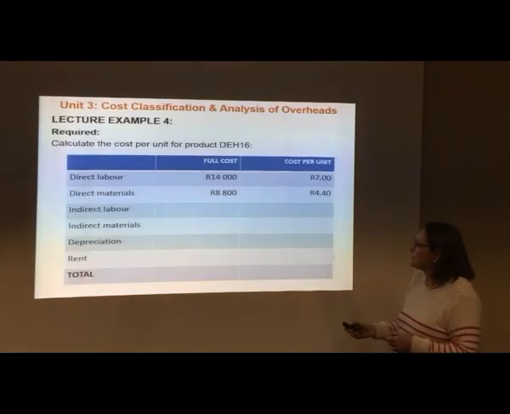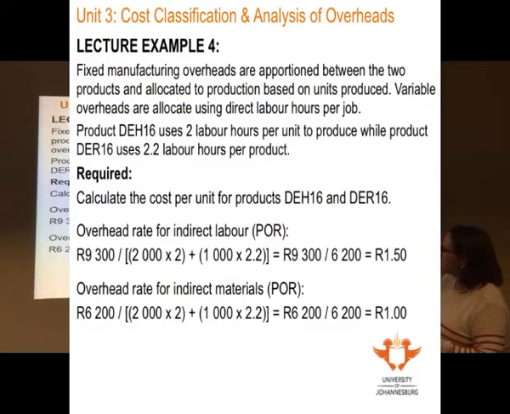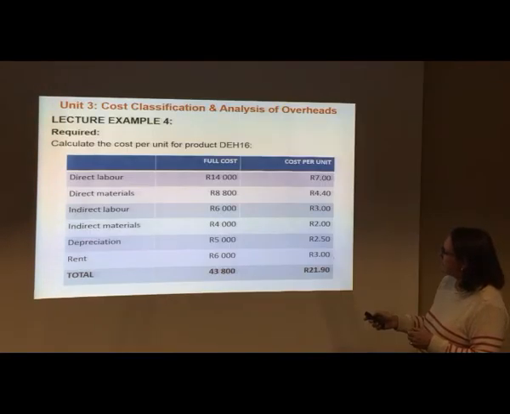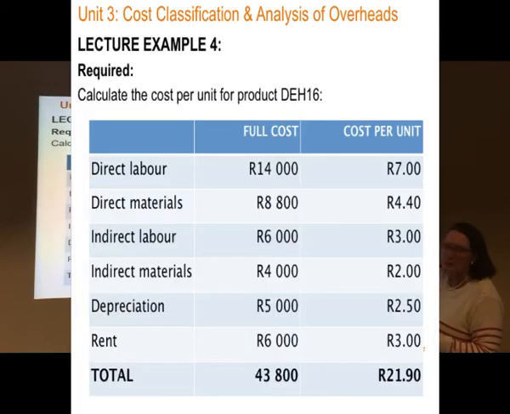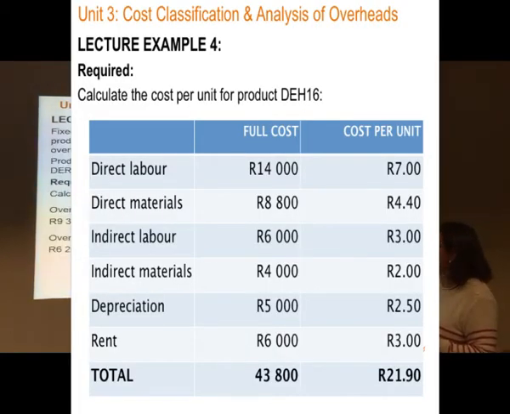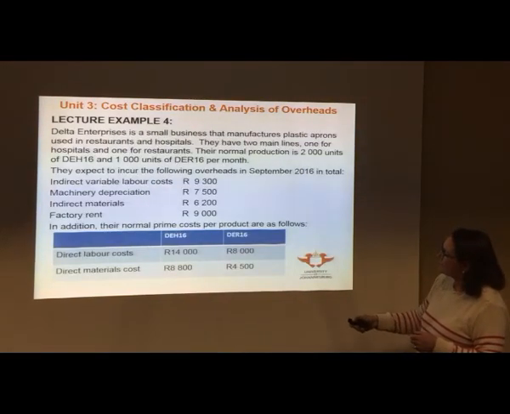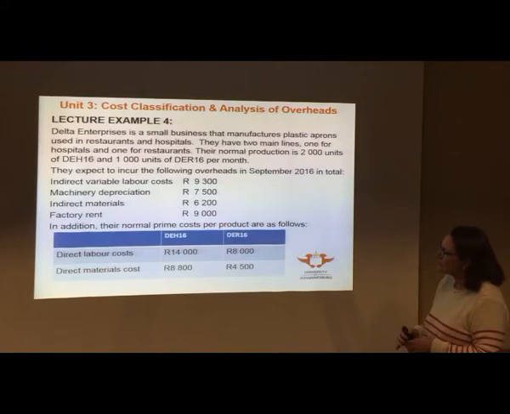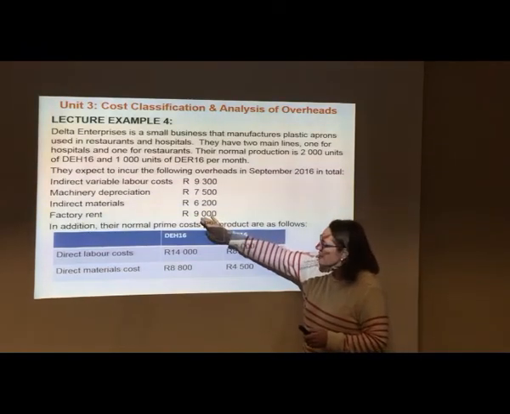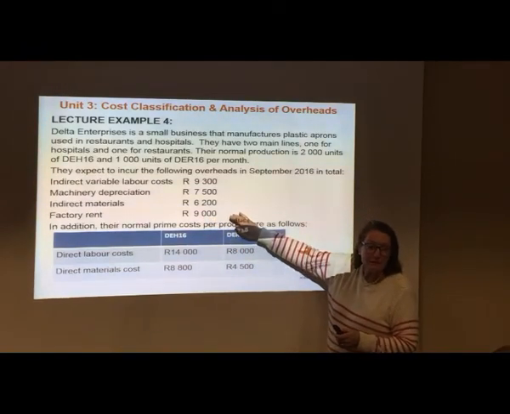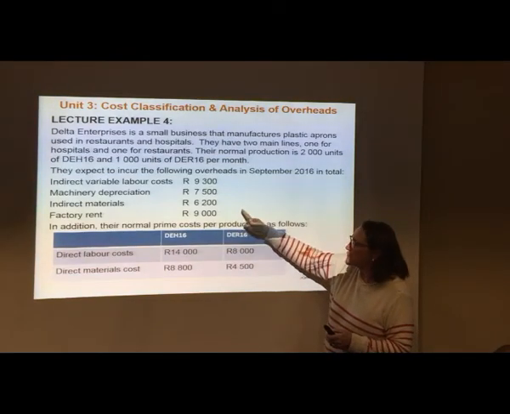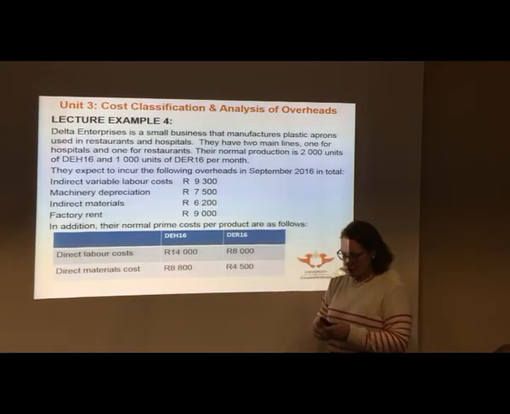Okay? So you're going to put your cost in there. There's your depreciation of 2.50 Rand. Okay? And you do the same thing for your factory rent. 9,000 divided by how many units? 3,000 gives you 3 Rand a unit.